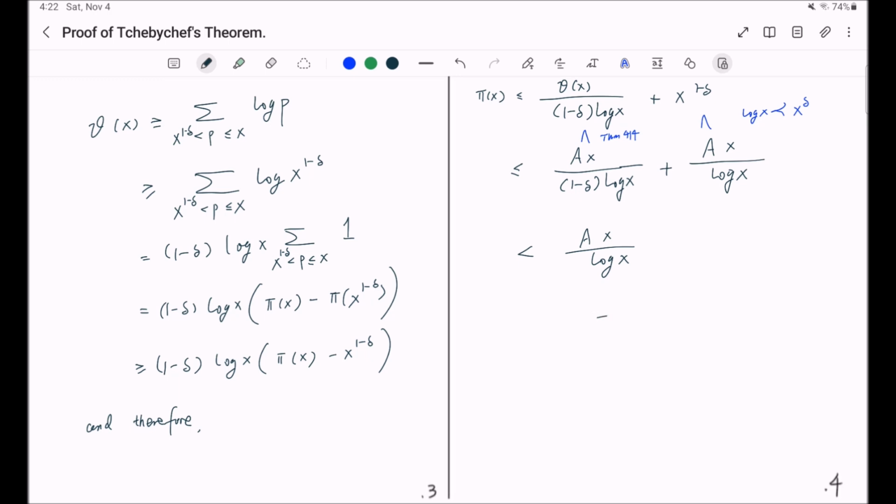So now we can summarize, and this finishes the proof of the Tchebyshev theorem.